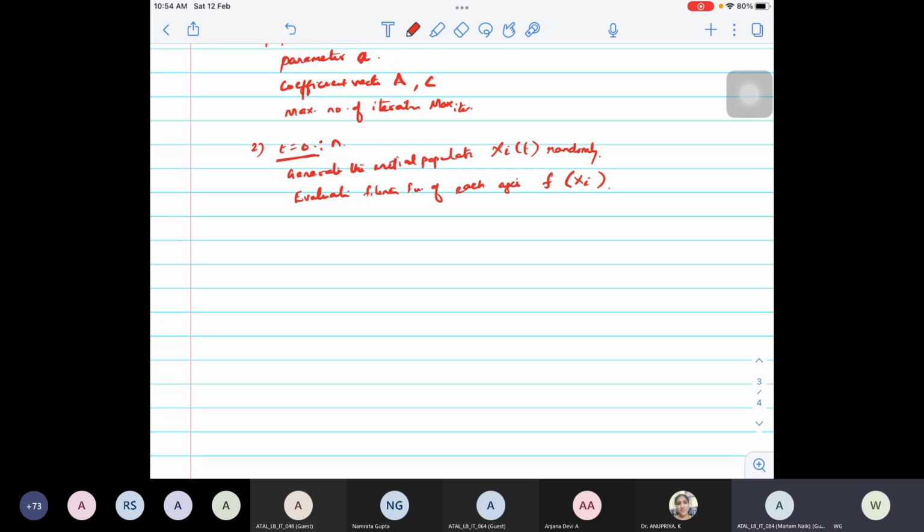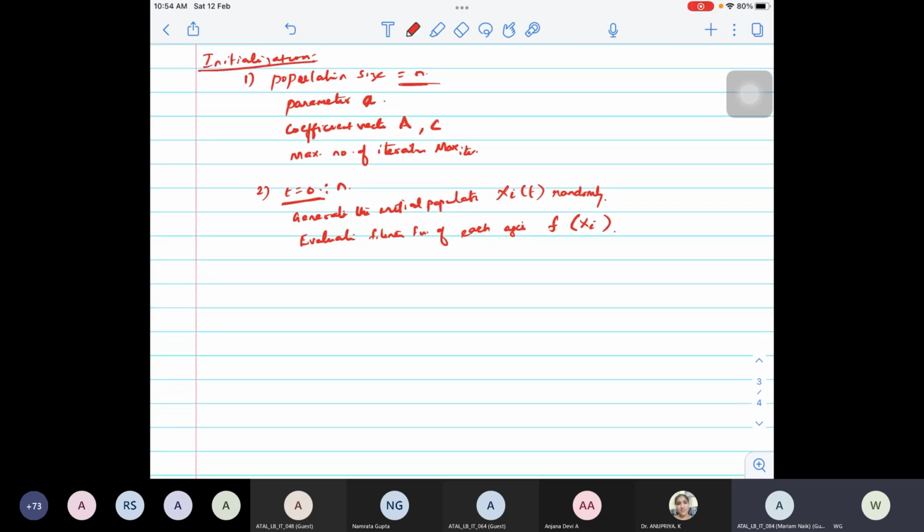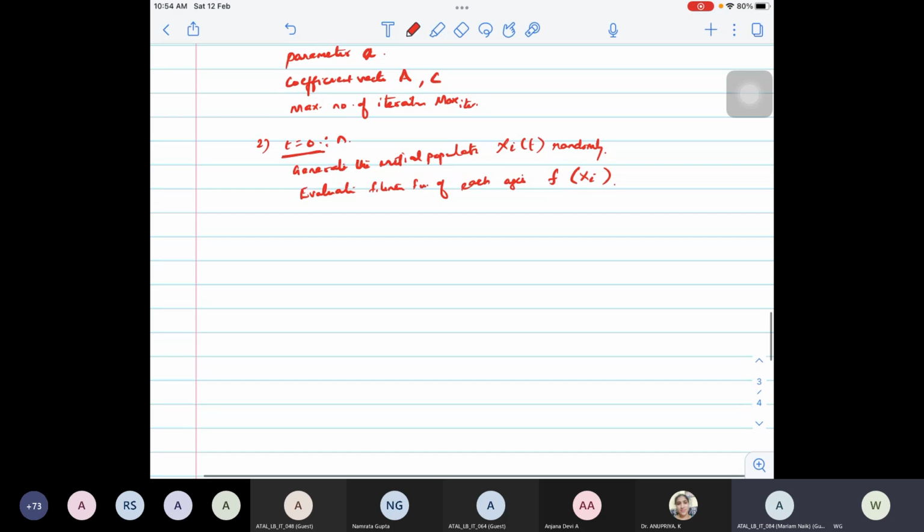This is the initialization step, and it is quite similar to our PSO algorithm.